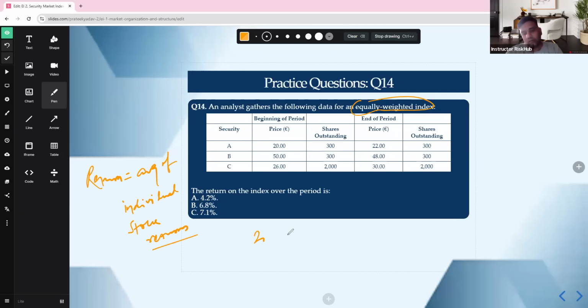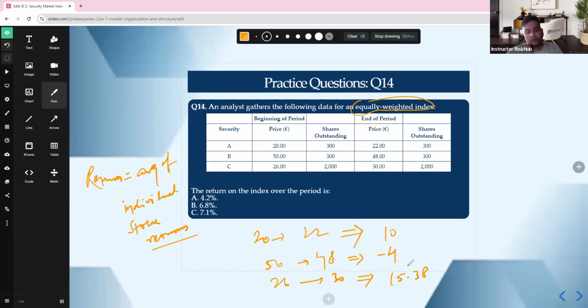So we are going from 20 to 22 in this part, so it's a 10% return, right? We are going from 50 to 48, it's a minus 4% return. We are going from 26 to 30, which is a 15.38% return.